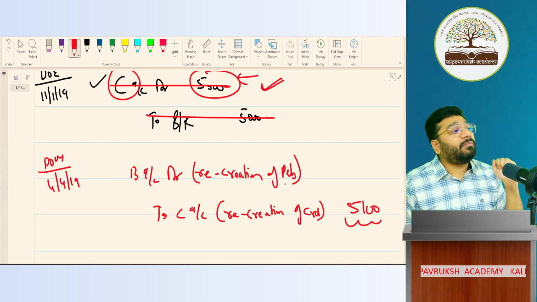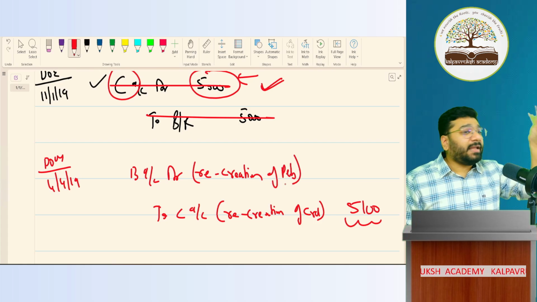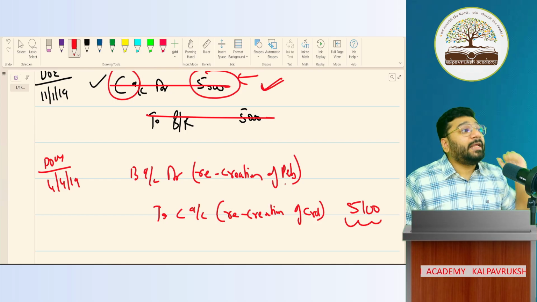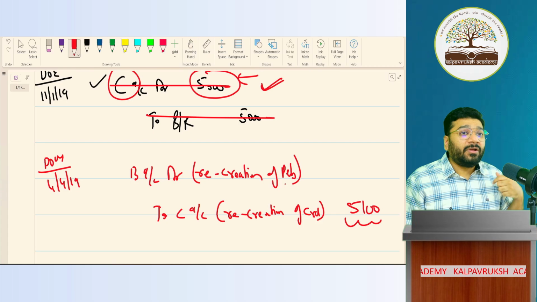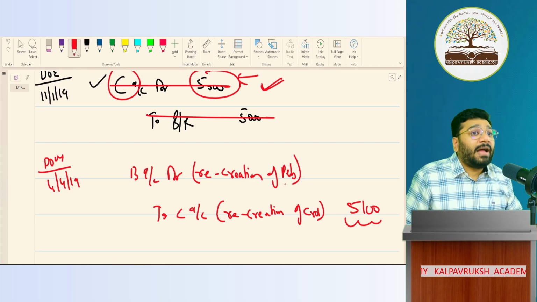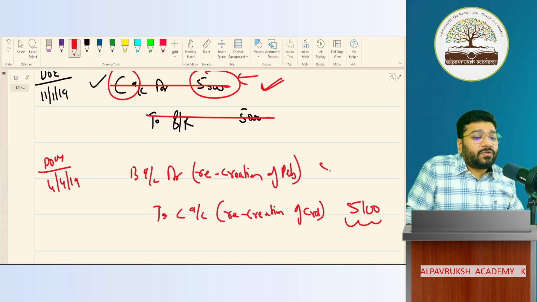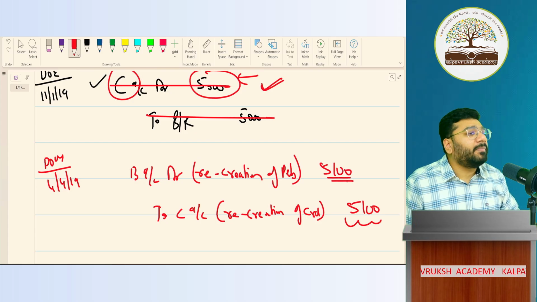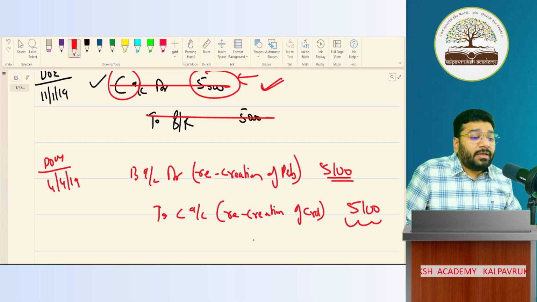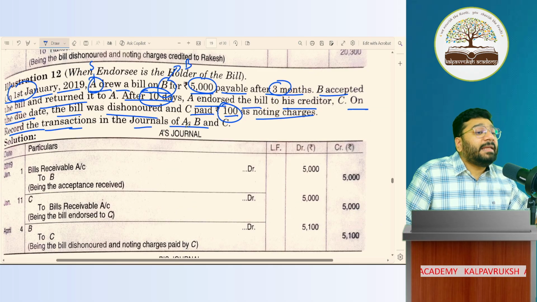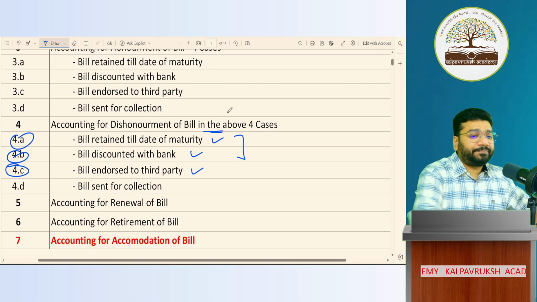Now how much will I recover from B? 5,000 for the product I sold plus 100 rupees noting charges, because C took it from me, no? So I have to recover from whom? B. So 5,100 I will recover from B. Got it, not got it? This is the journal entry for dishonourment in case of endorsement of bill.